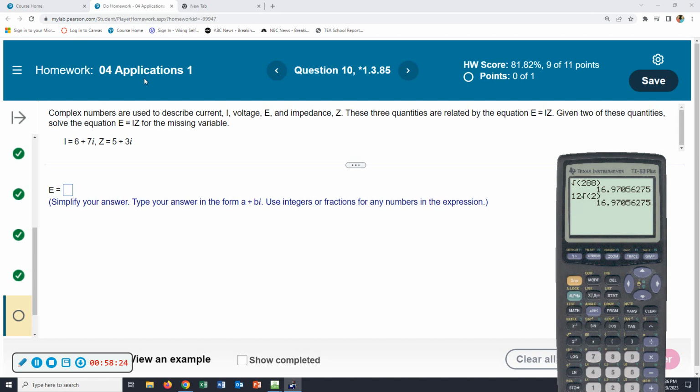Given 2 of these quantities, solve the equation E equals IZ for the missing variable. Well, they want us to find E. Okay? E is I times Z. This is problem number 10.